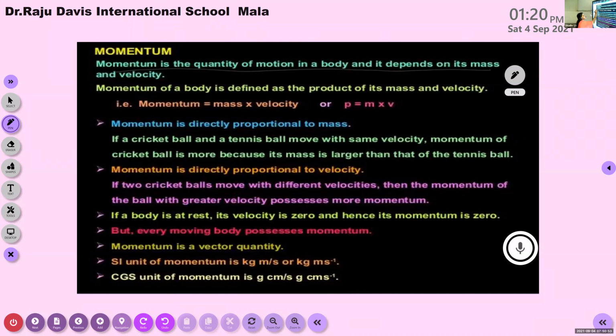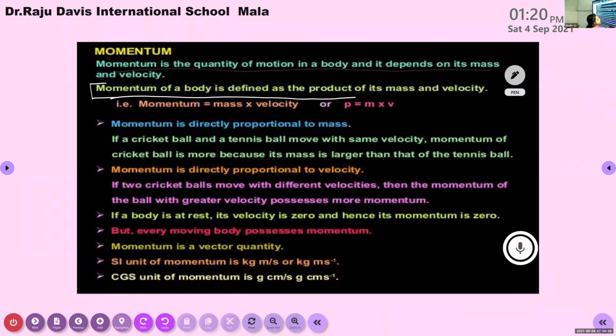And this is the definition for momentum. Momentum of a body is defined as the product of mass and velocity. You only need to study this definition.